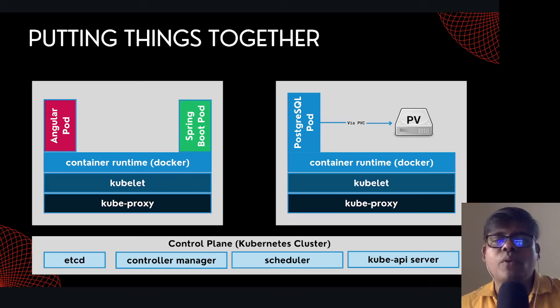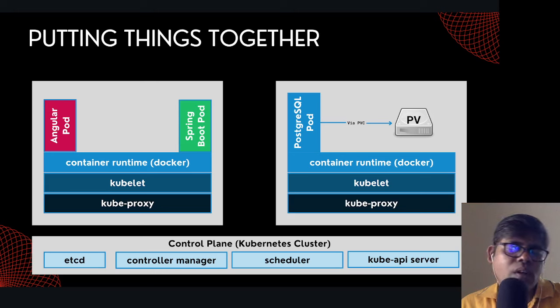Now along with PostgreSQL, if you want to have any other pod for a new application that you are going to deploy in this runtime, any persistence requirement pod can be deployed in this particular node. Okay, and any non-persistent requirement pod can be deployed here.